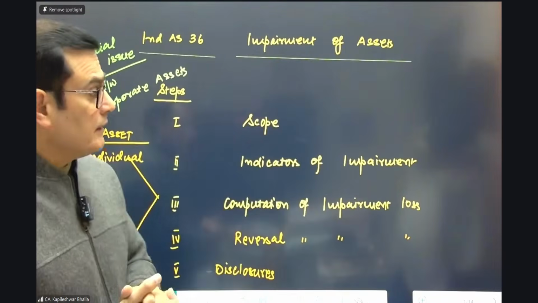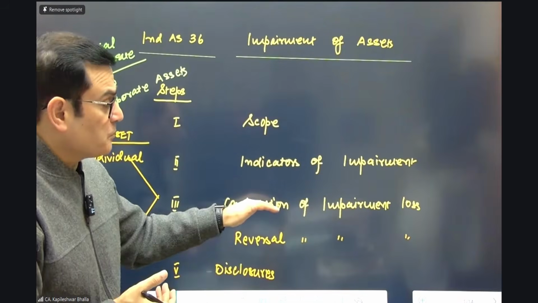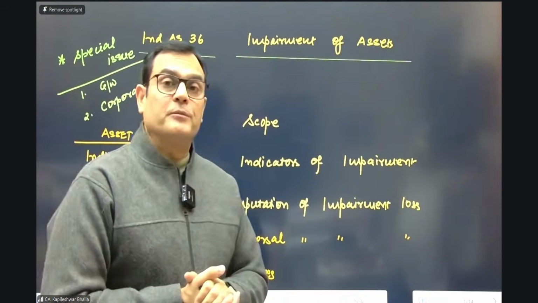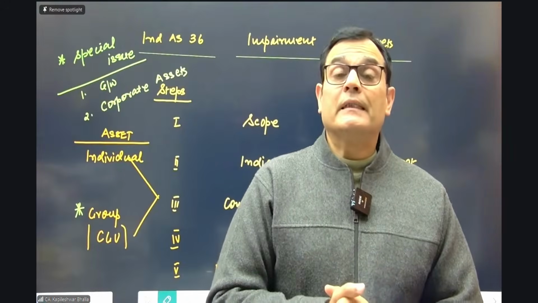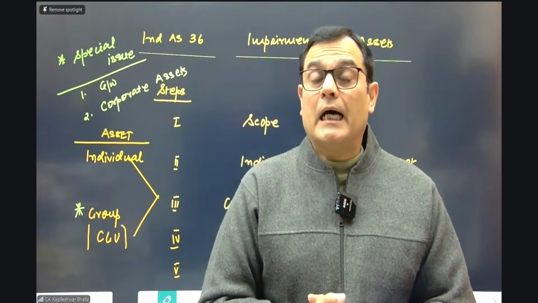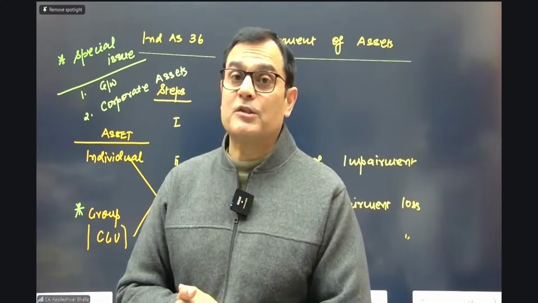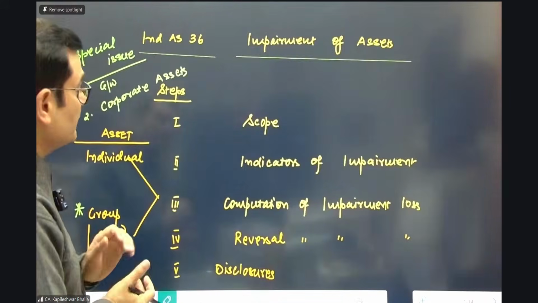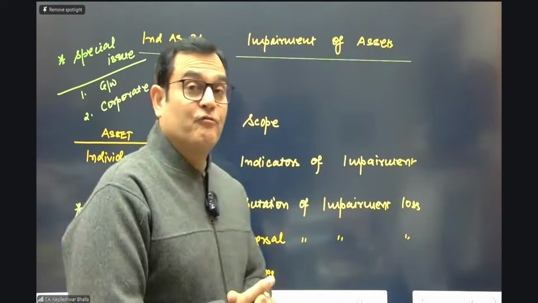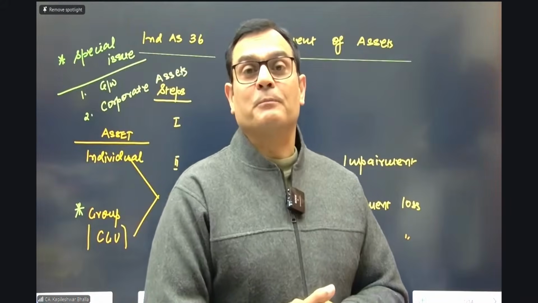Number 3, the computation of the impairment loss with special reference to the treatment of goodwill and corporate assets. Number 4, if the indicators have taken a U-turn, how would the reversal of impairment loss be captured? And finally, the disclosures. So this is what I call my 5-step model in terms of impairment.